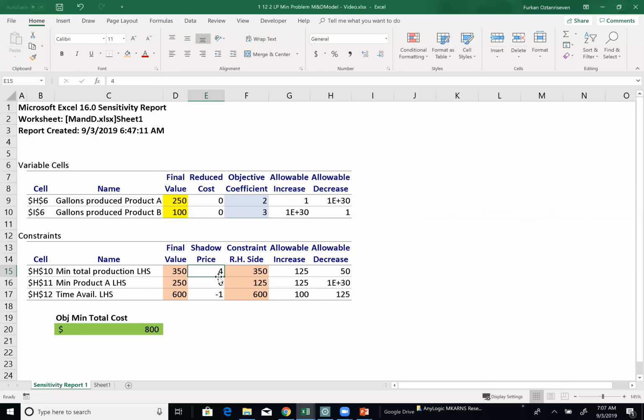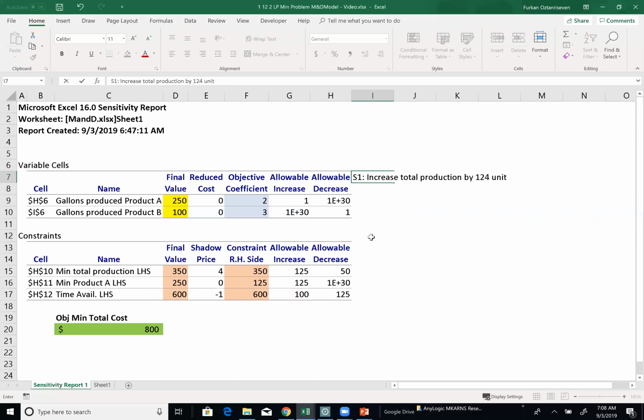So what do I mean by that? So let's do a scenario analysis here. Scenario 1: increase the total production requirement, let's say by 124 units.